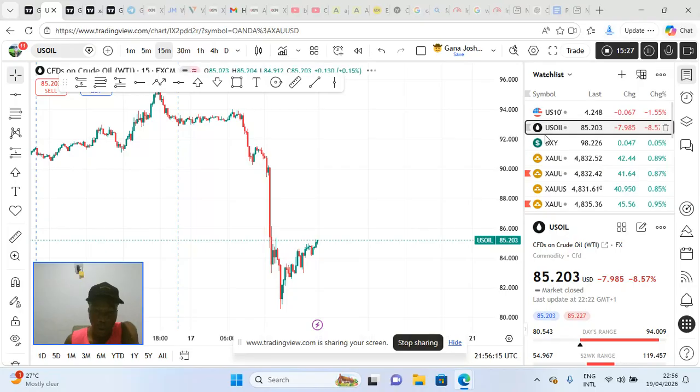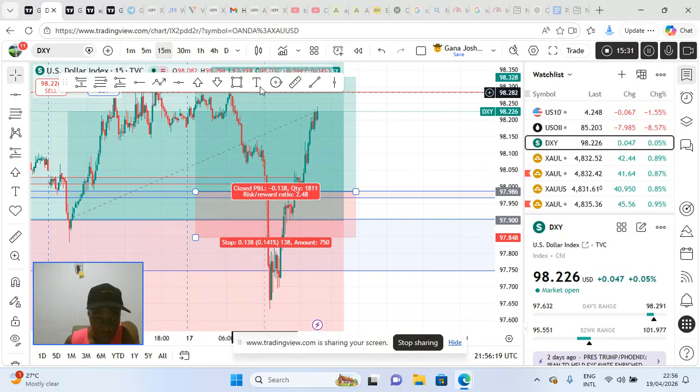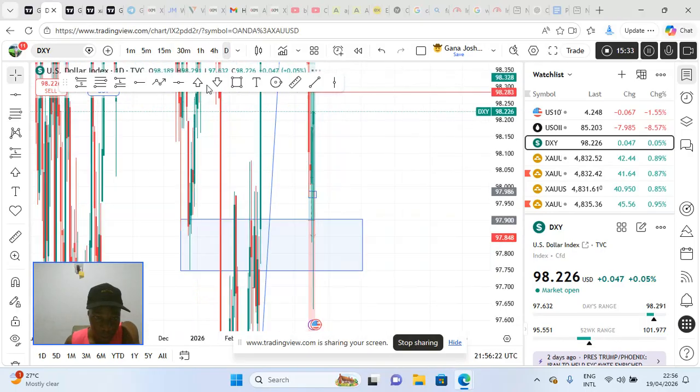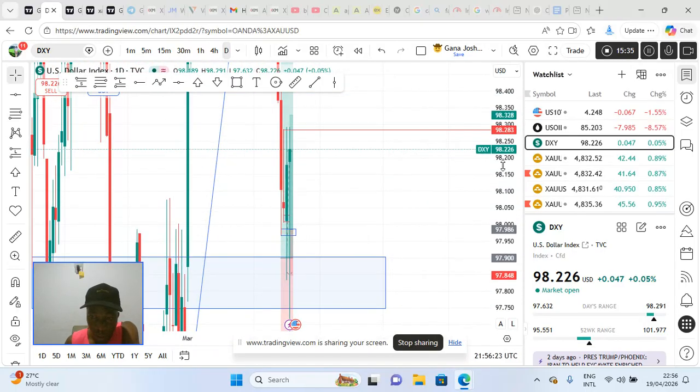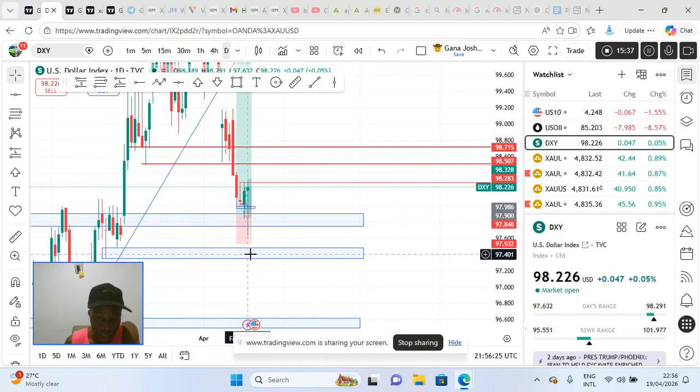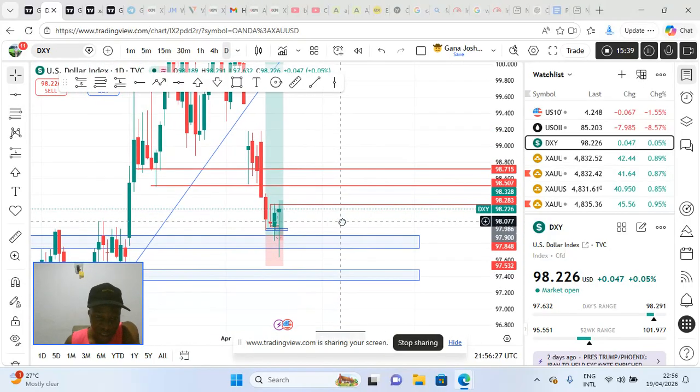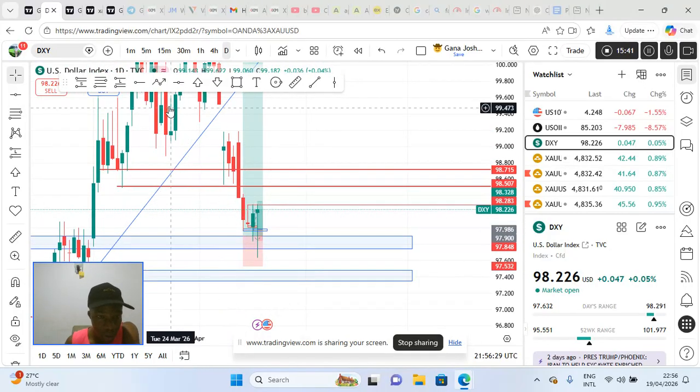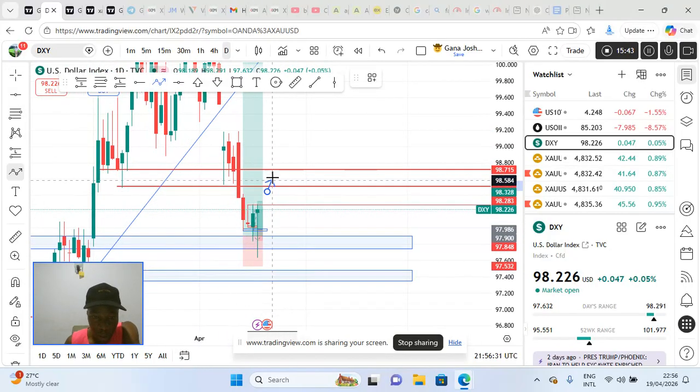Next, let's check oil. Overall, I'm just going to briefly check from the daily what's happening on DXY, which is the dollar index. The dollar index is still bearish overall from the week, going back to where it came from.